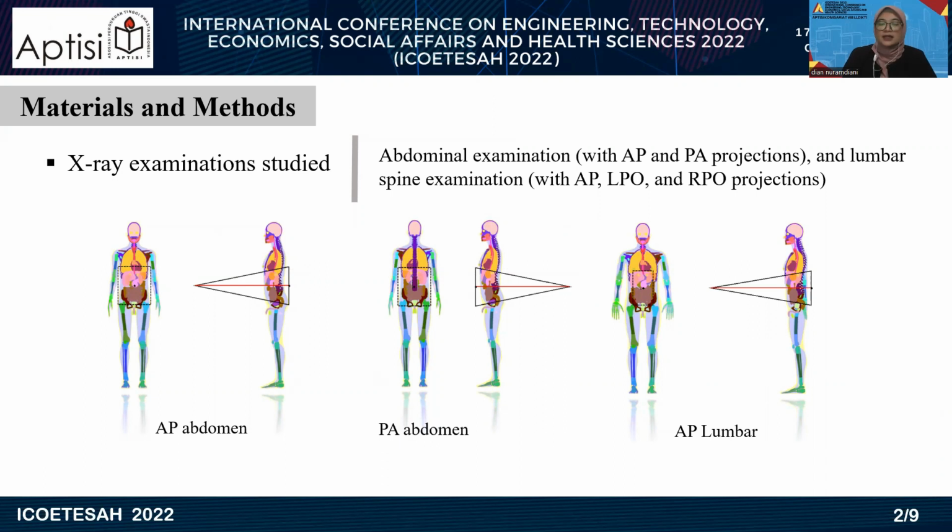The left one is AP abdominal, the middle one is PA abdominal, and the right one is AP lumbar. For the RPO and LPO projections, they cannot be shown here, but the incident beam is directed from an inclination of about 45 degrees toward the patient box.